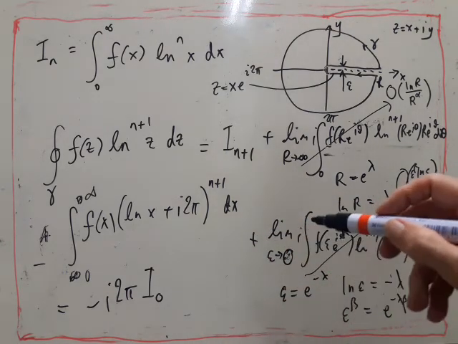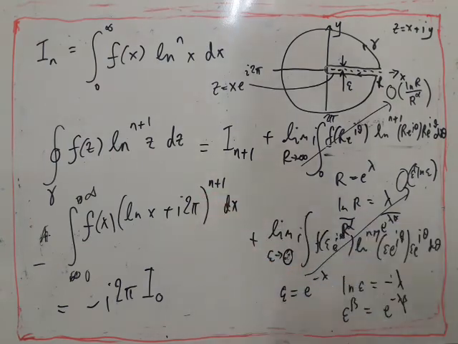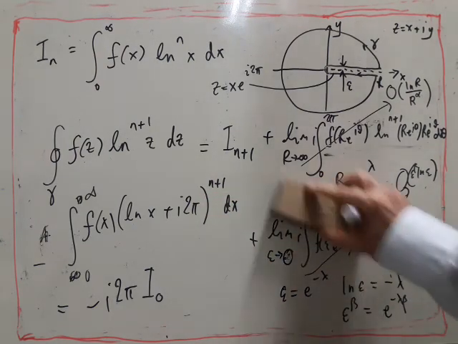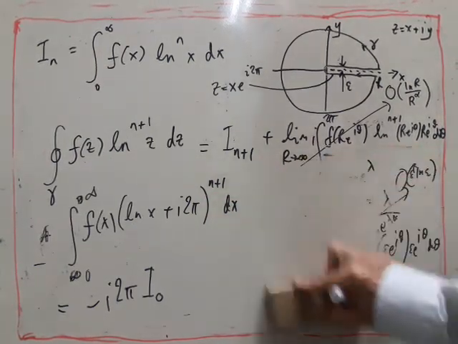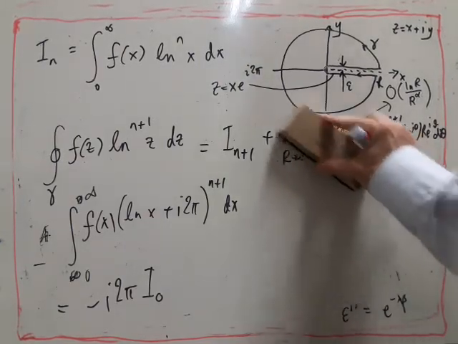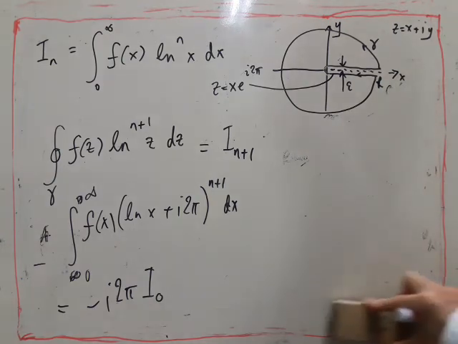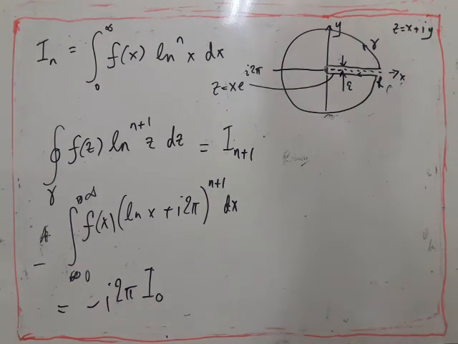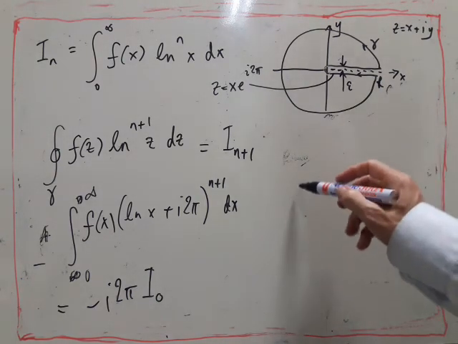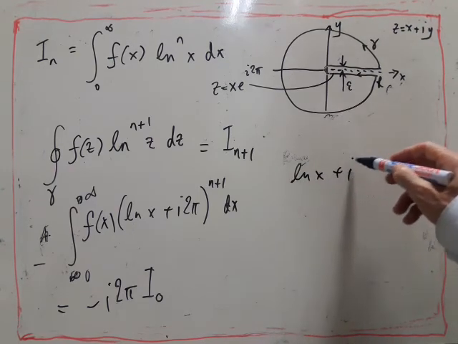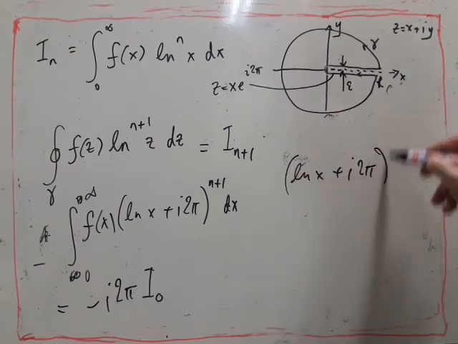I should be a bit careful. So then, okay, I'll get rid of this. Log x plus i 2 pi to the n plus 1.